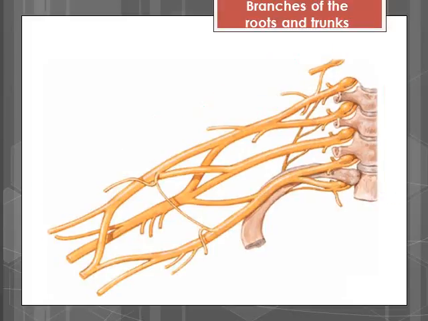Branches of the brachial plexus constitute branches from the roots, branches from the upper trunk, and branches from the three cords. Branches of the roots include three branches: root to the phrenic nerve, dorsal scapular nerve, and long thoracic nerve or nerve to serratus anterior.